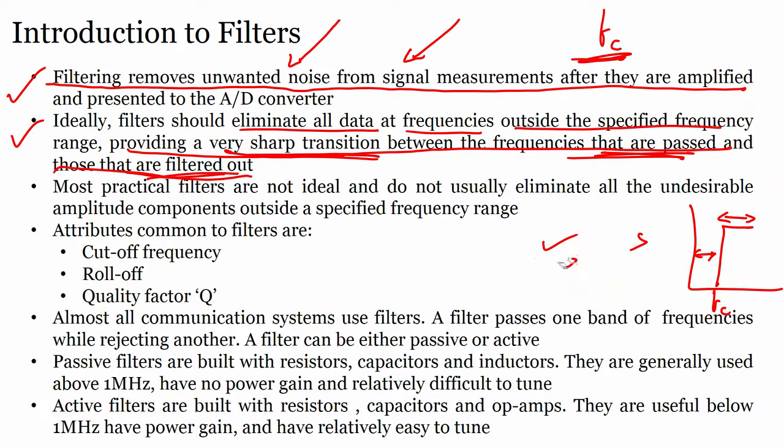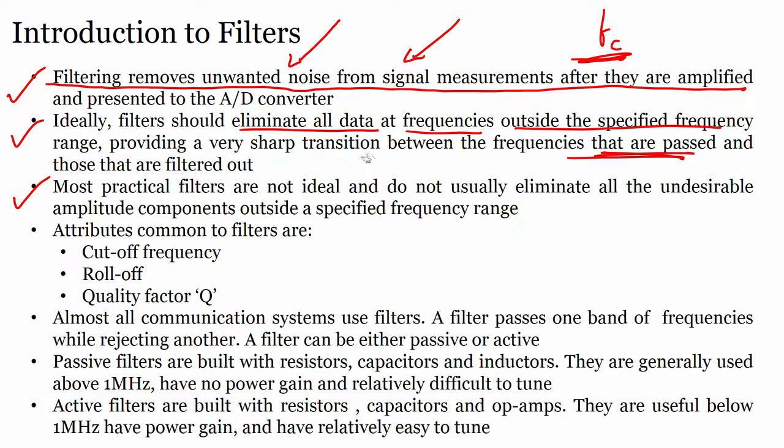Now, let us see the fourth point or third point. Most practical filters are not ideal and do not usually eliminate all the undesirable amplitude components outside a specified range of frequencies.